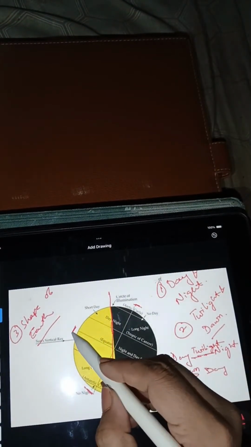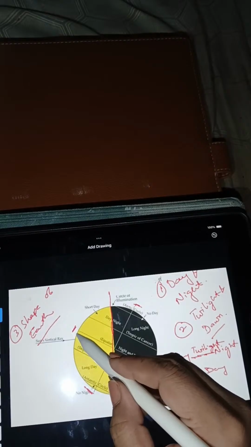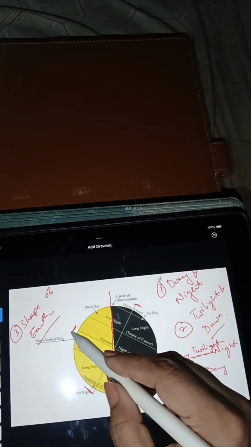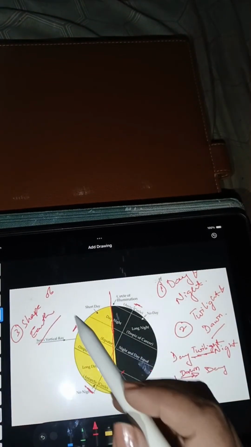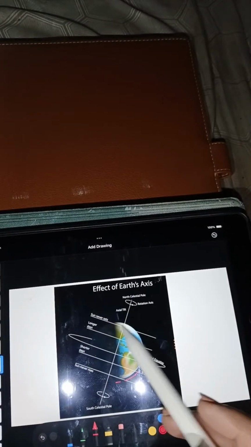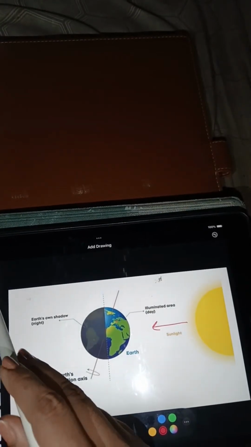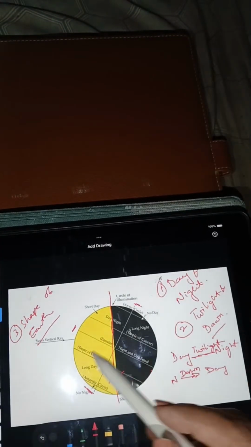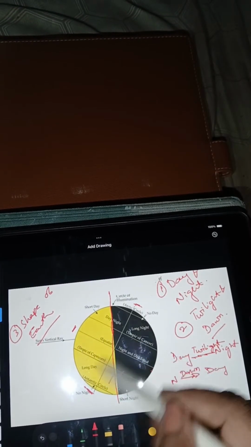As the bulge is higher, we get the equator, and this middle portion of the earth has the most bulge, while the two top ends are flattened.